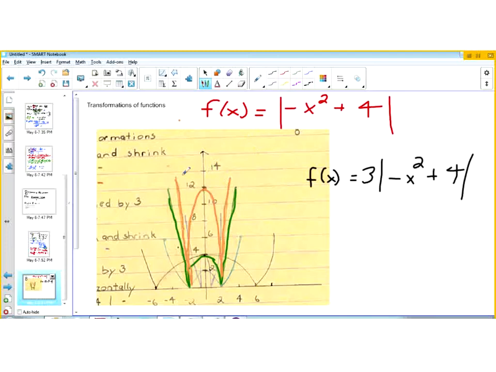Likewise, now that you've got this, let me go ahead and erase this because it's getting kind of congested here. All right, so what would happen if we were to take our output and multiply it by 1/2?